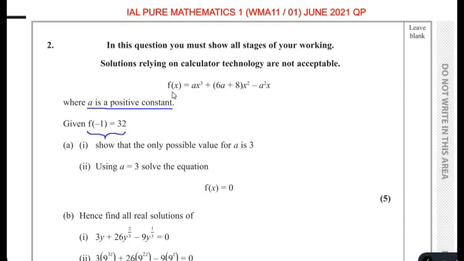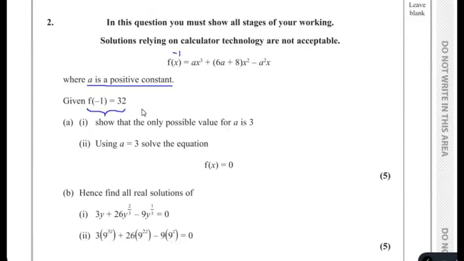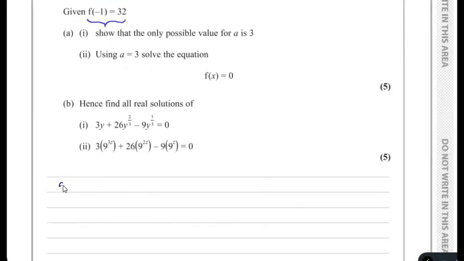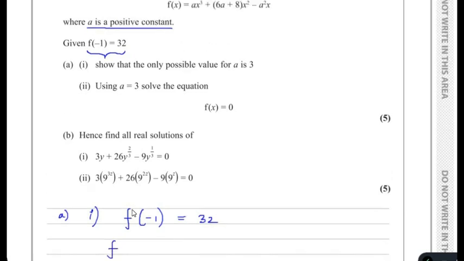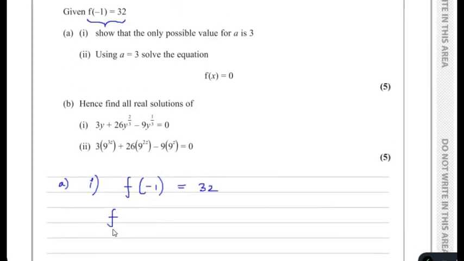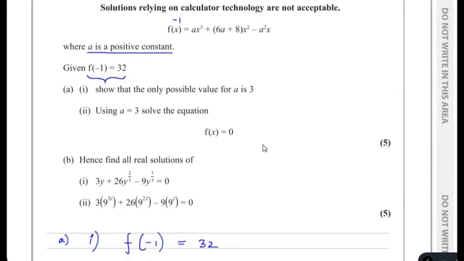That means in place of x we are going to substitute minus 1 in all the places. So it's given that f of minus 1 is 32, and they have given us f of x. So I'm going to substitute minus 1 in all the places of x.